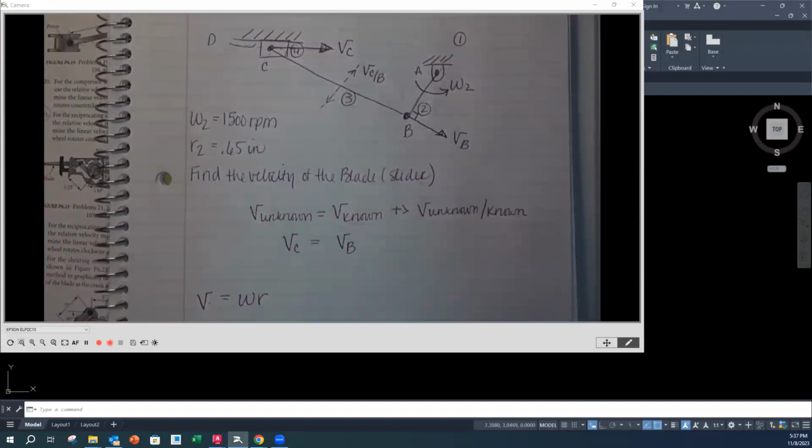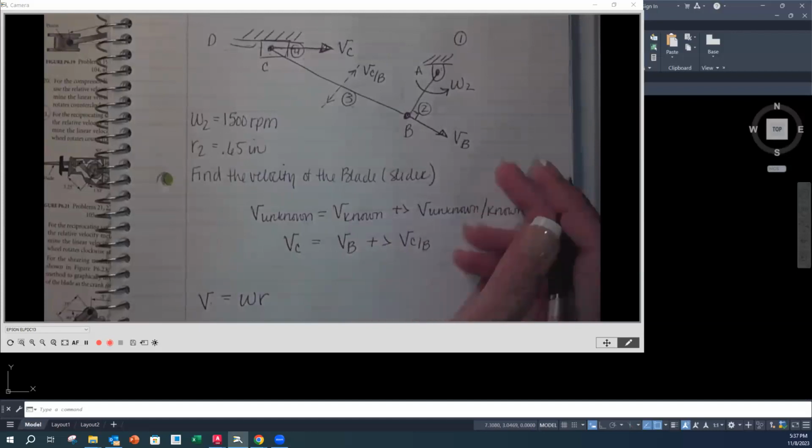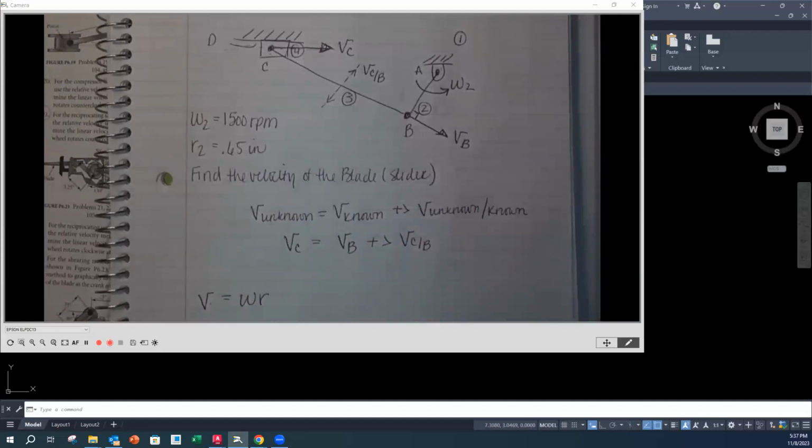And that's kind of where all the action is starting, right? And then we're going to add vectorially to B the velocity of C relative to B, which is going to be perpendicular to that line connecting B and C. As we identify in our vector equation, each of these quantities needs both magnitude and direction.